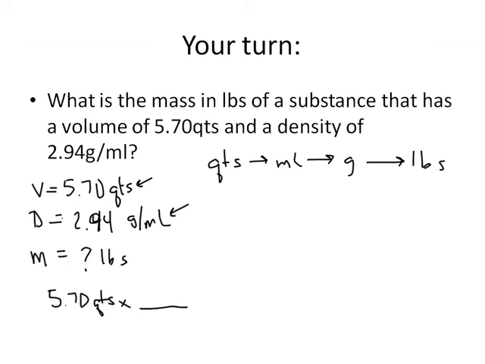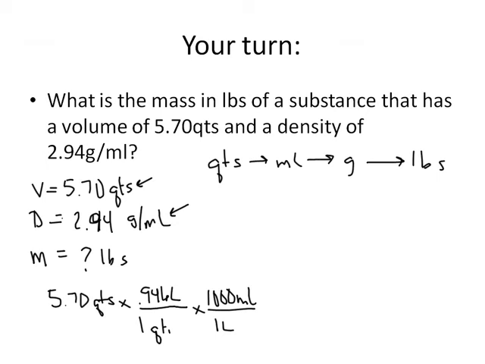So quarts to milliliters, we look on our sheet and see that 1 quart equals 0.946 liters. Okay, so now I'm in liters, but I need to be in milliliters. So 1 liter is 1,000 milliliters.